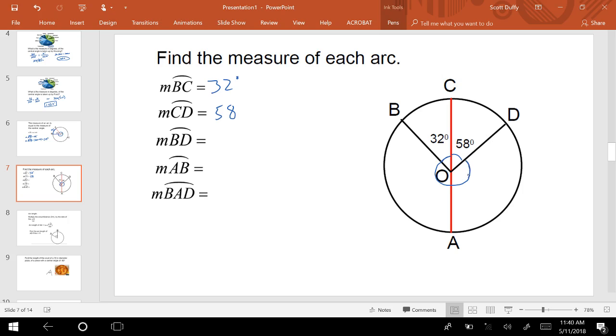Nope, my bad. I should have said BCD. BCD is the entire outside, so we add 32 plus 58, and you get 90 degrees.